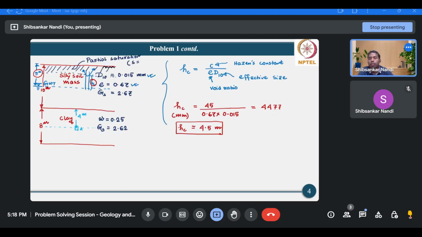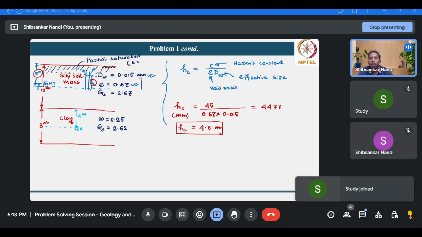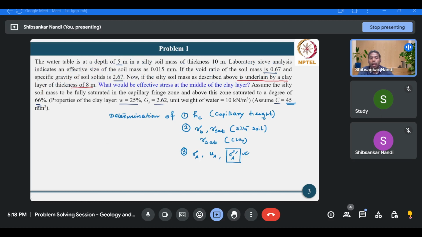So this portion will be under complete saturation. So here the S value would be 1, but for this portion the S value would be 0.66.